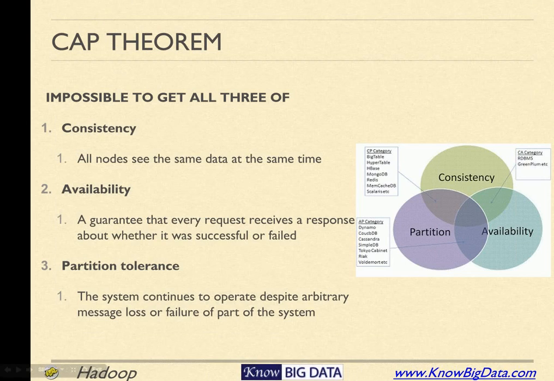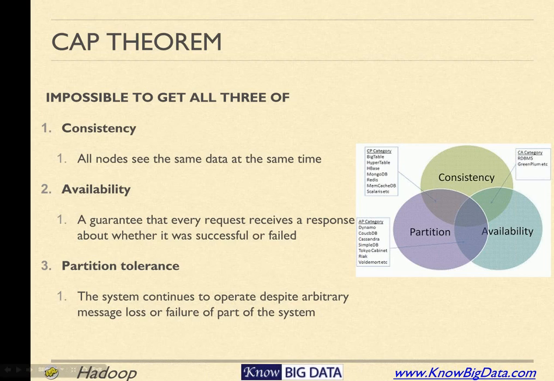Consistency here means all the nodes see the same data at the same time. Availability means a guarantee that every request receives a response. Partition tolerance means that the system continues to operate even if there is loss of some machines or loss of the network. If half of the network is down, can your machines still work?